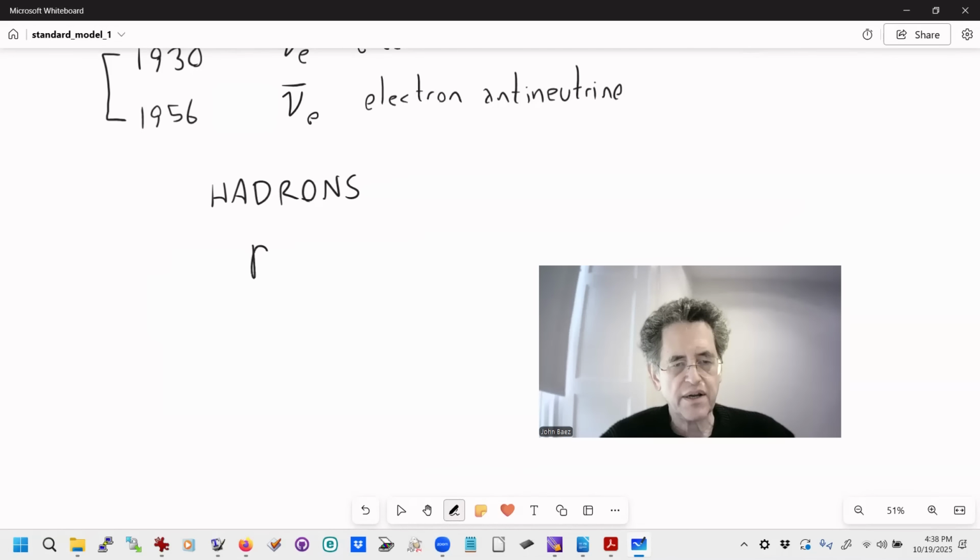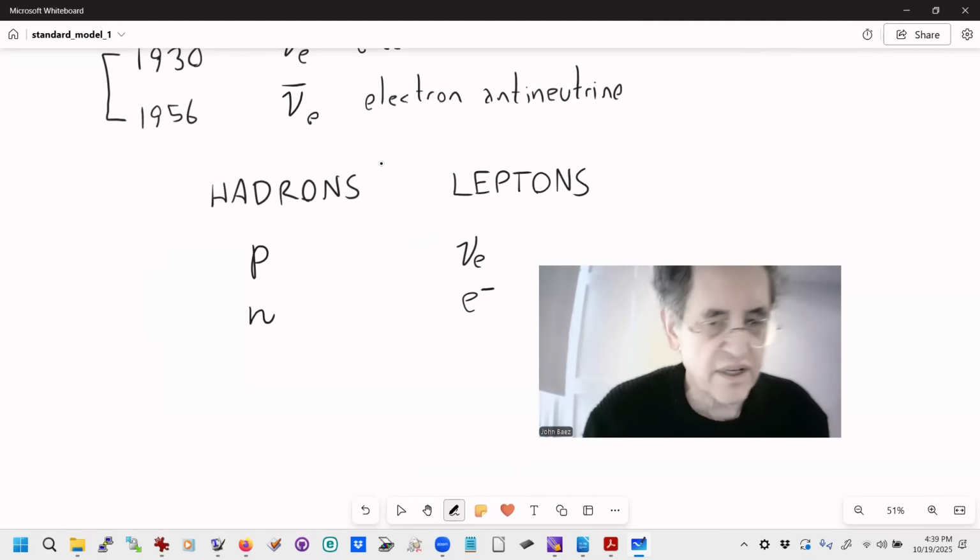And those are the proton and the neutron. And then there are these lighter particles called leptons, from a Greek word meaning something like weak or wimpy. And those are the electron, neutrino, and the electron. And all of these have antiparticles, so I won't draw those.